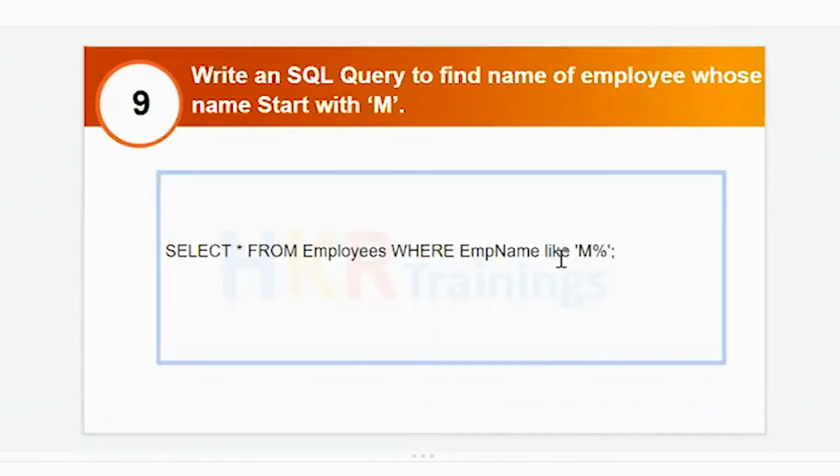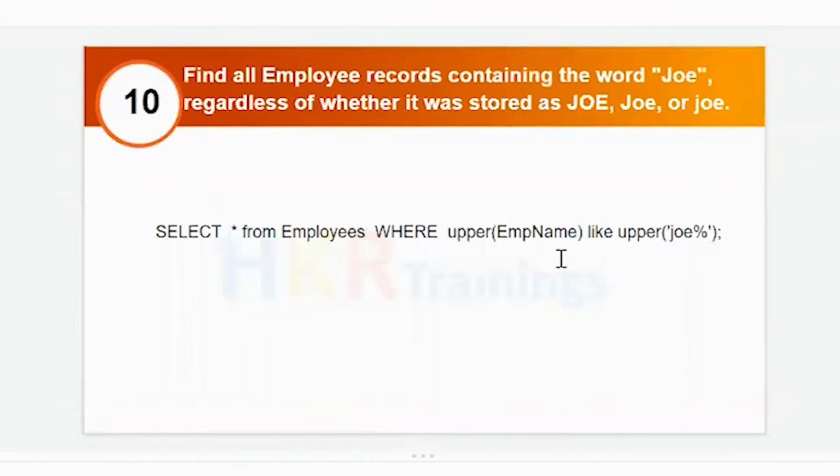Okay. Find all the employee records containing the word Joe, regardless of whether it was stored as Joe or JOE. Now what is the difference here? What we are trying to understand is that we are not being case sensitive here. Suppose there are 10 records of Joe in an employee table, and we have it written in capital, in small, where the first letter is capital or where the last letter is capital.